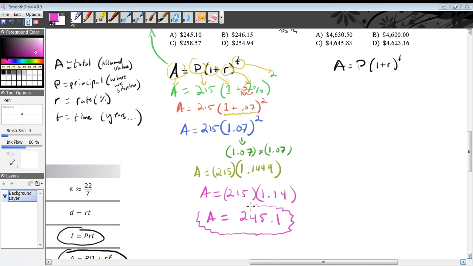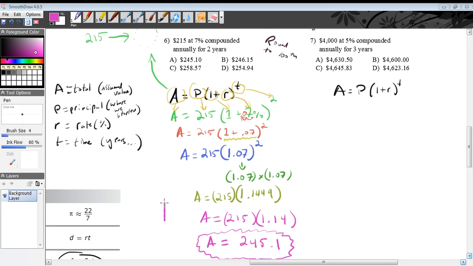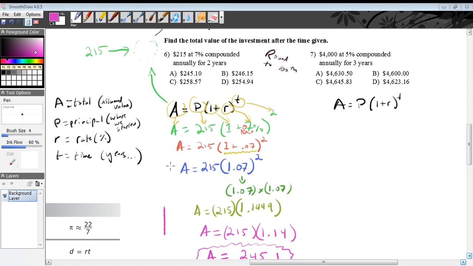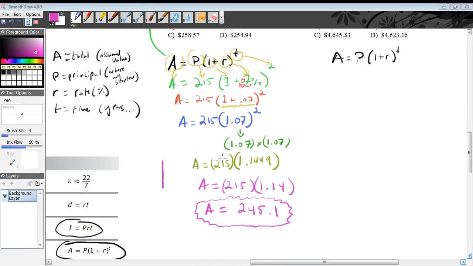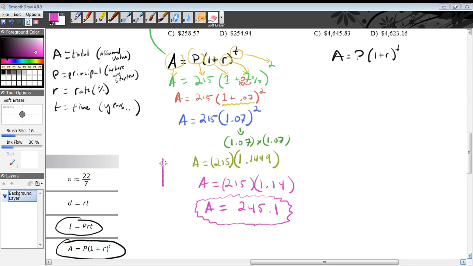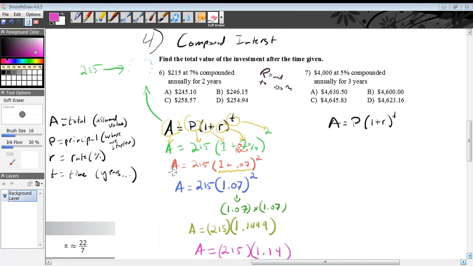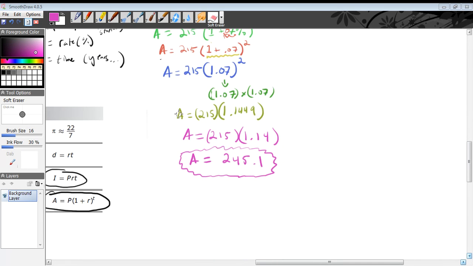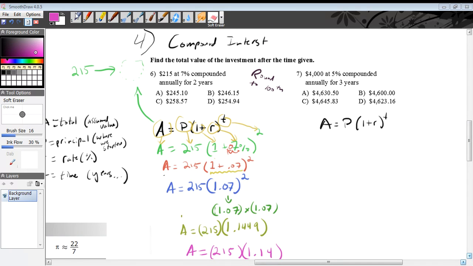There's our answer, the total value. So we start at 215, and it gets increased by 7%, compounded annually for 2 years. And then it grows to $245.10. So our answer is A.